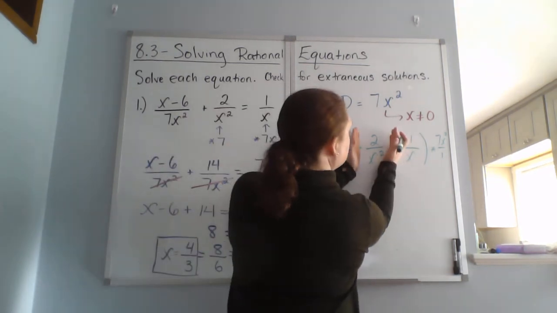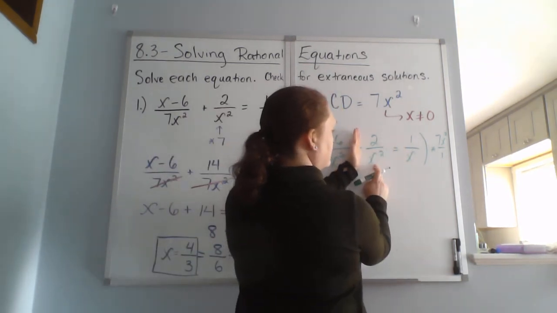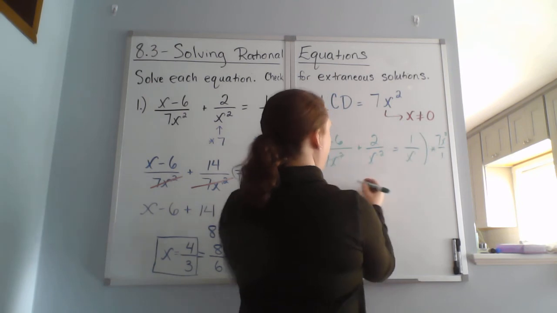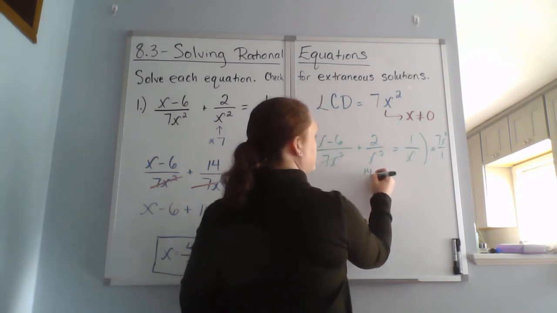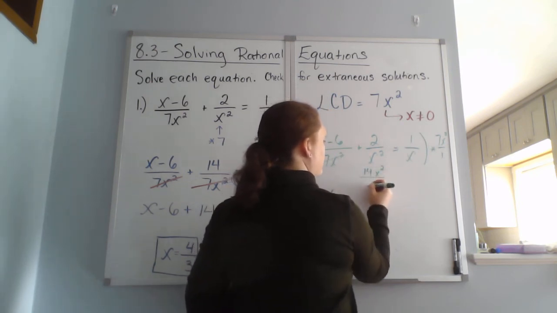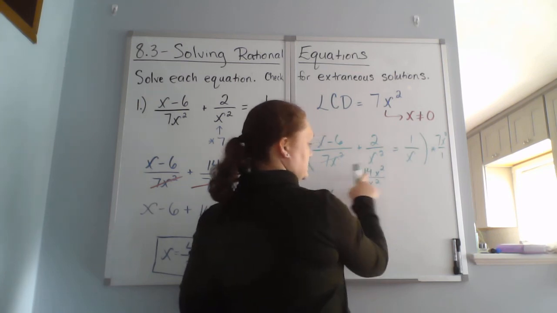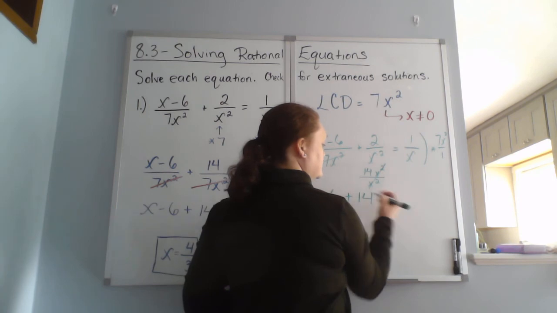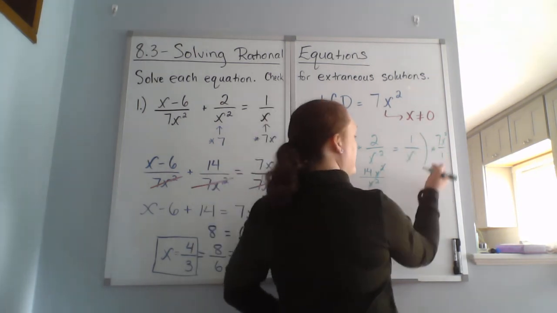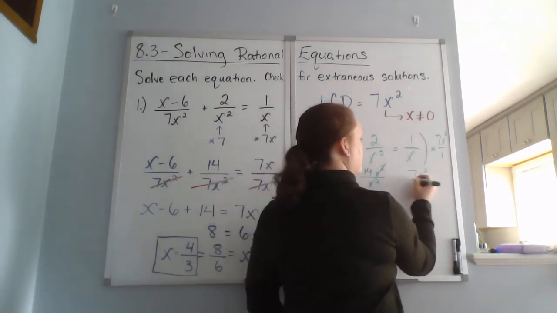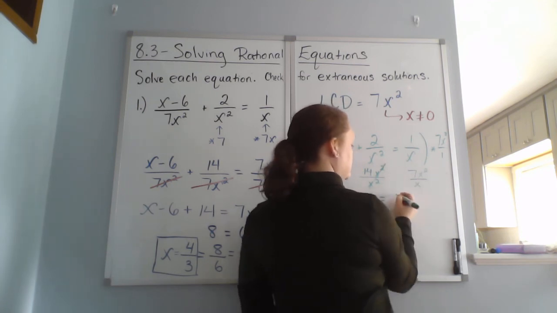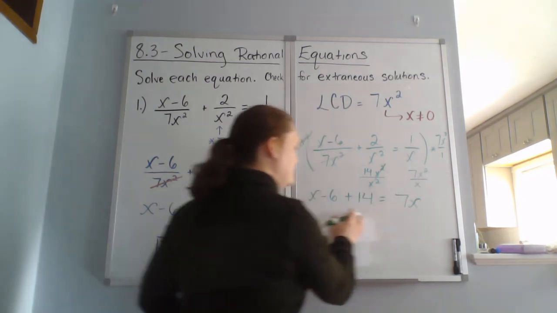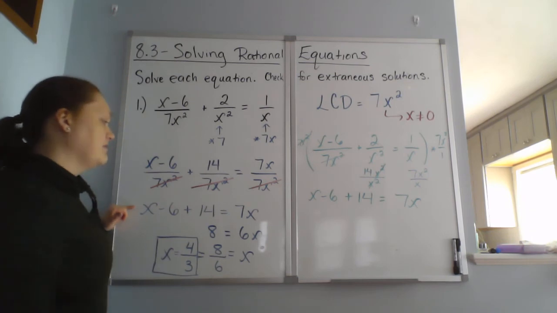Now if I look at this middle term right here, 2 over x squared times 7x squared, that would be 14x squared over x squared, which is really just 14. So I have plus 14 equals. And then here, I would essentially have 7x squared over x. That reduces down to 7x. And you can see we are now at the exact same spot that we were right here.